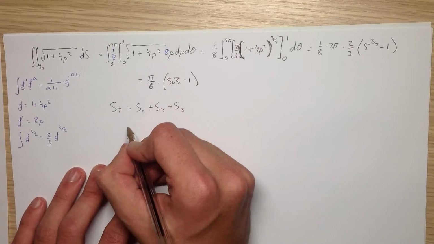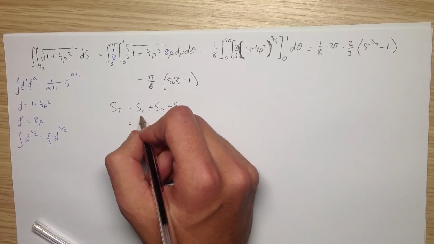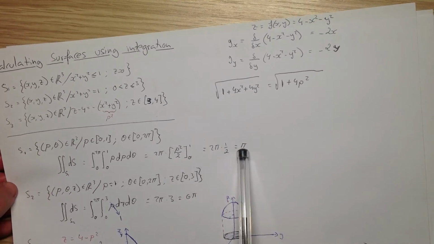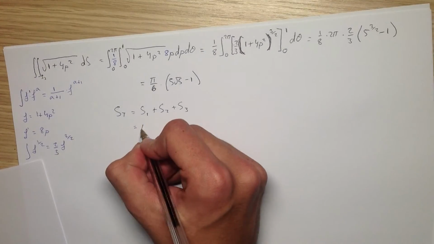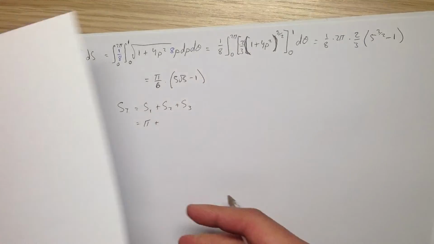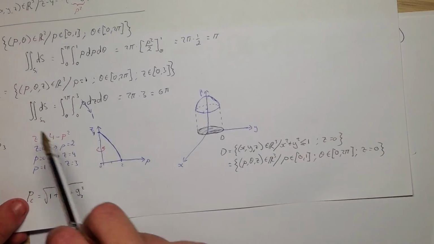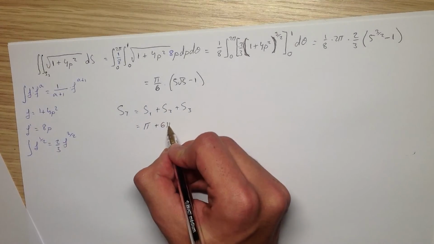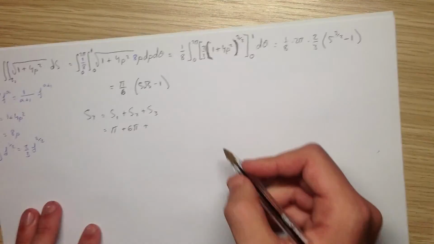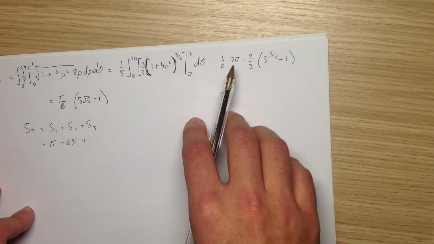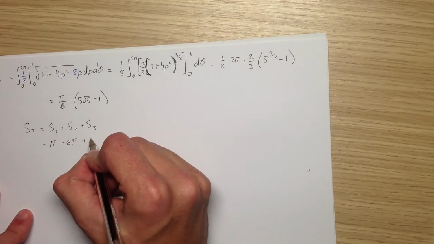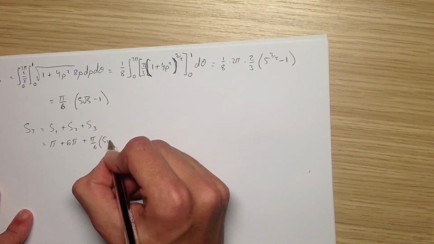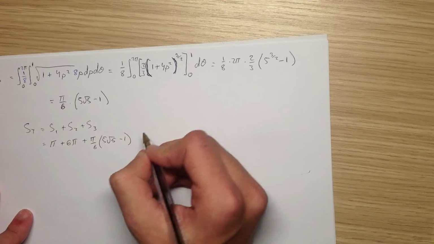So S1, we said it was pi, so pi plus S2, which was 6 pi, plus S3, which we said was this, pi/6 times 5√5 minus 1.